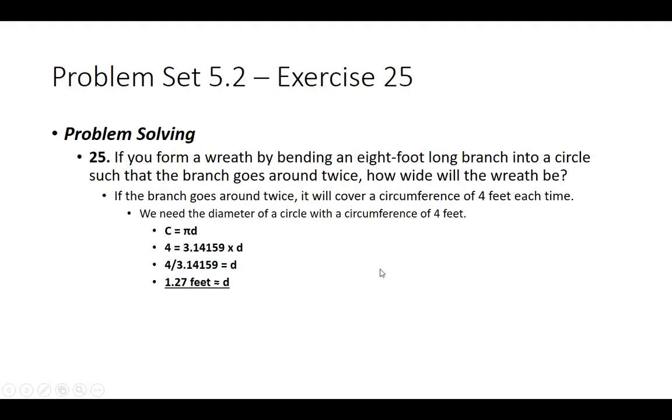Number 25. If you form a wreath by bending an 8-foot-long branch into a circle such that the branch goes around twice, how wide will the wreath be? Talking about how wide a circle is, how long it is, that's a diameter. So we're looking for the diameter.